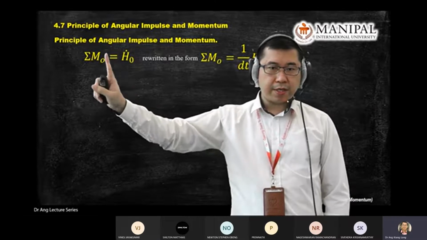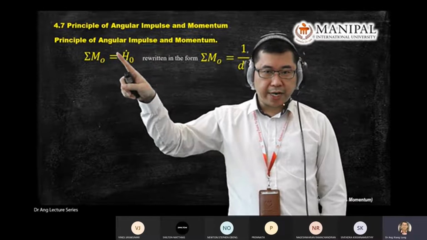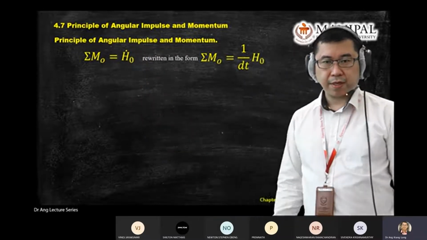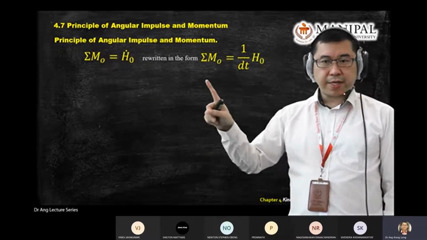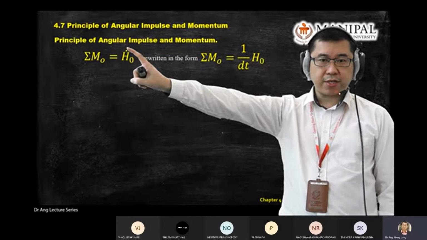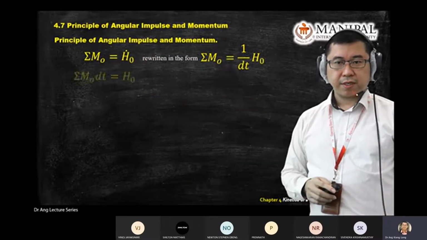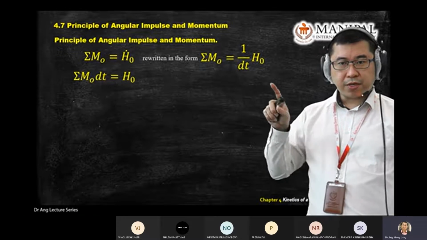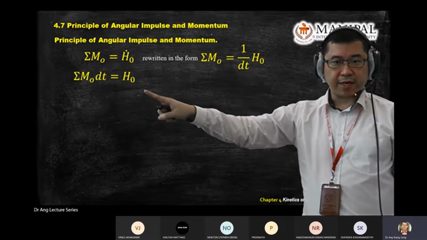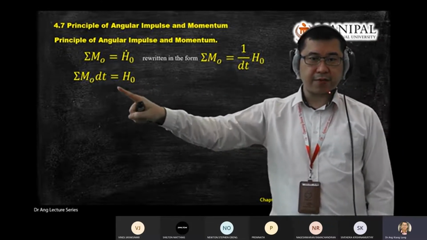All the moment on the left equal to the rate of change of your angular momentum on the right hand side. So you can rewrite this one as this one, with the dot, we just change the dot into dt. Then you move the dt to the left hand side, you get this form.